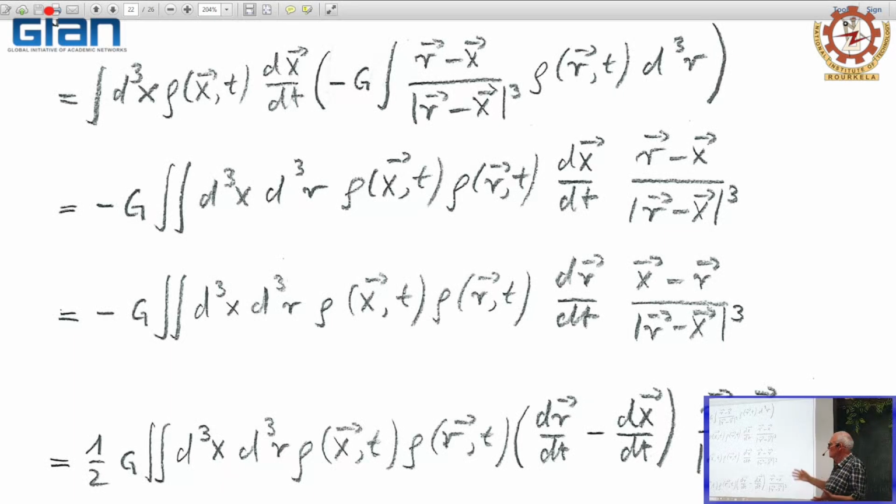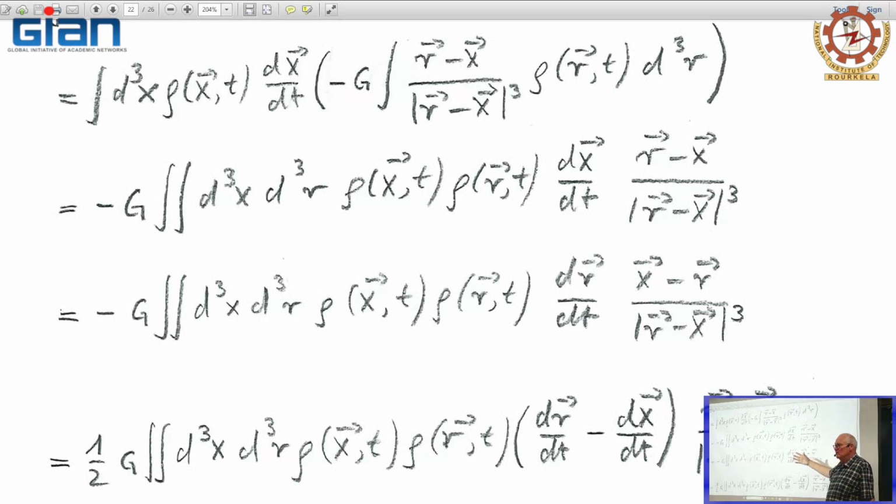It must be, because nobody tells you that renaming x and r should change the value of the integral. So to get a symmetric form, you interchange the x's and the r's. You replace r by x and x by r, and you obtain an asymmetric version of this integral where r and x are exchanged.